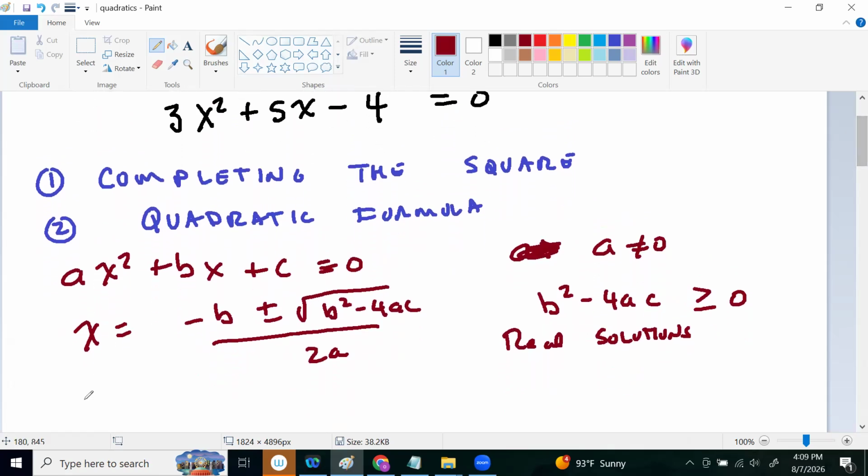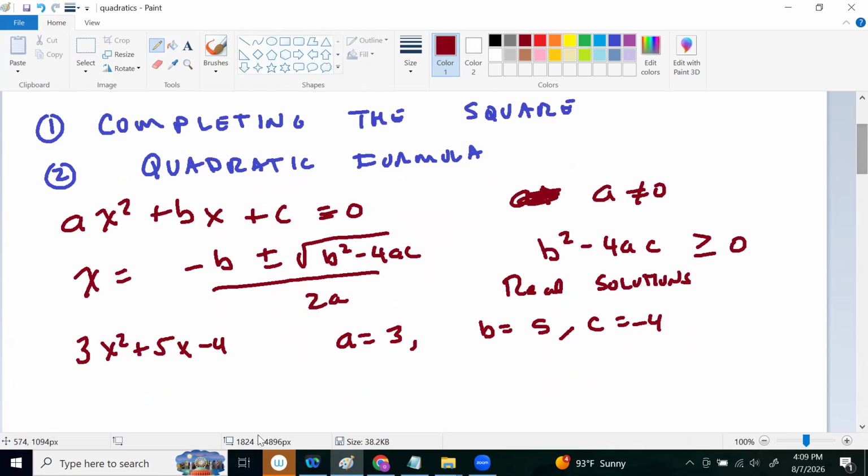So let's look at our little example here. 3x squared plus 5x minus 4. Here, a is 3, b is 5, c is a negative 4.